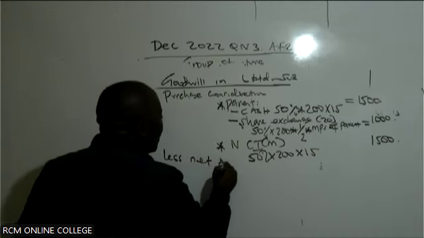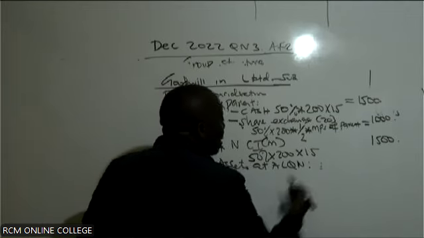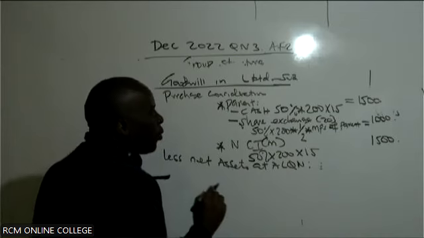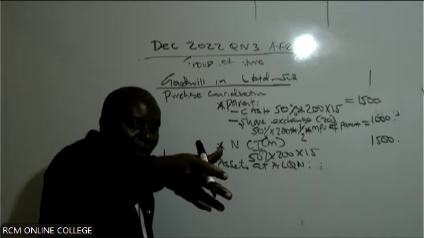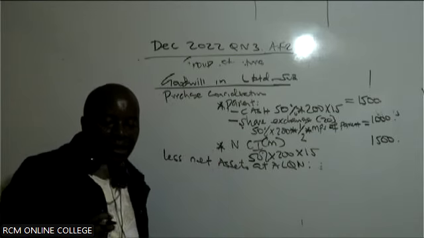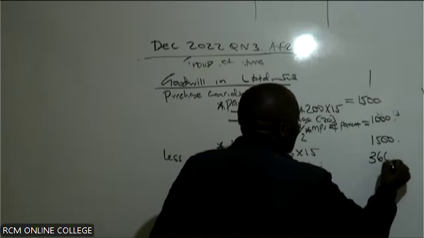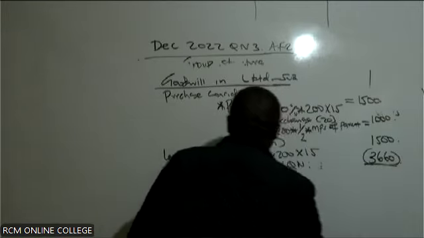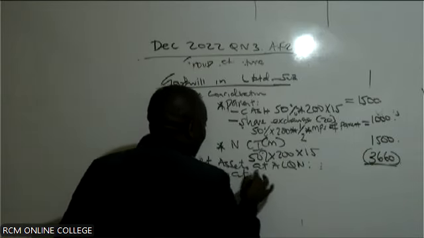So you less the net assets at acquisition. Remember, for L, we also have the net assets at acquisition and at reporting. Please go and pick the net assets at acquisition for me, which is 3660. You subtract, and then you should be able to give us goodwill at acquisition.